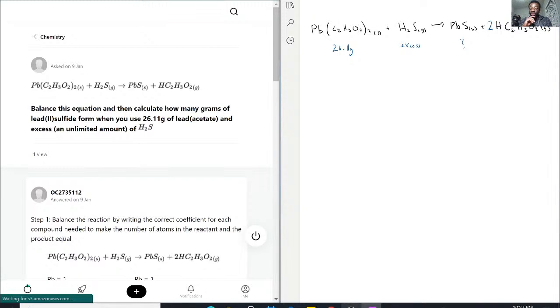The first one is the molar mass of lead acetate. So that would be, count the constituents, 1 lead. And now we have to multiply everything in here by 2, so be wary of that. We would actually have 4 carbon, 6 hydrogen, and 4 oxygen. So it's looking so far to be quite a big molar mass.